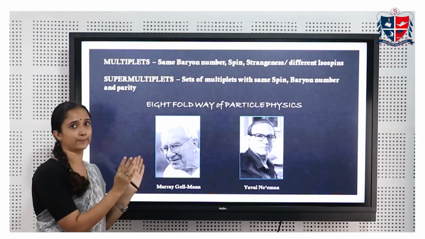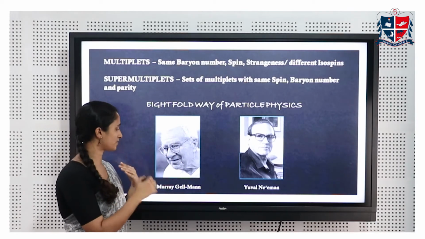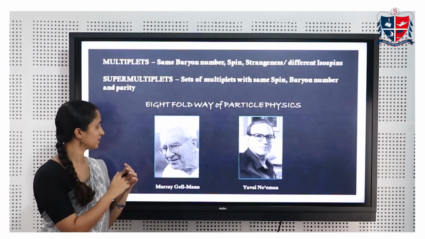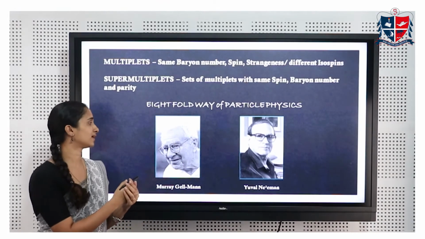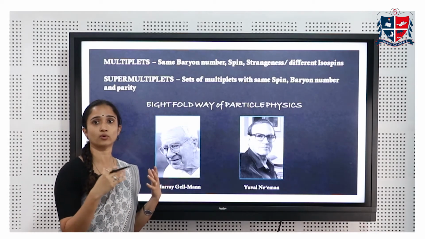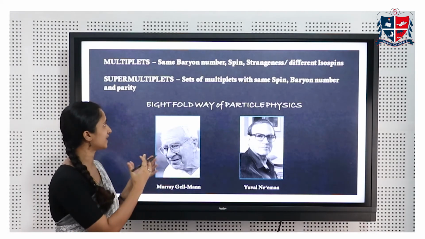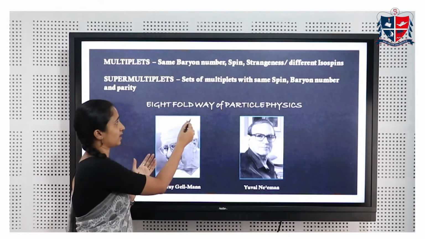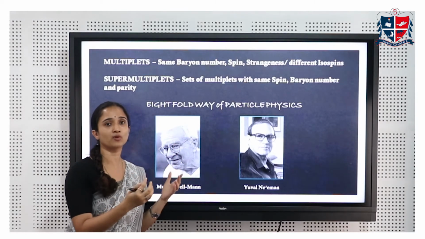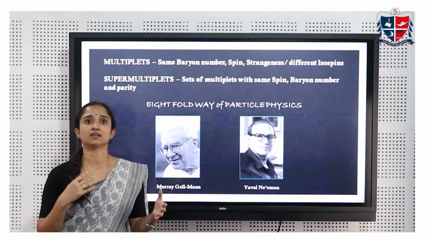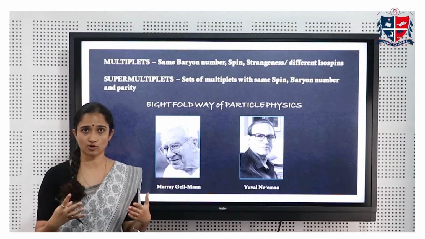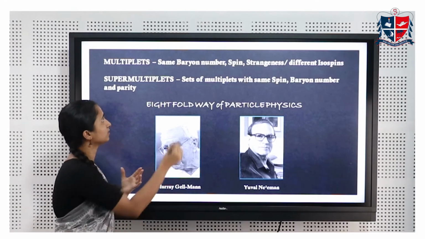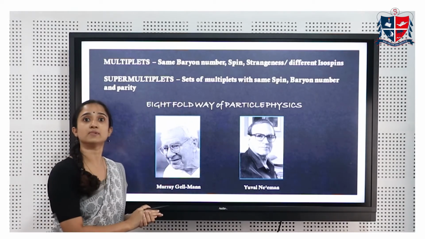This concept was actually proposed by Murray Gell-Mann and Yuval Ne'eman independently. Murray Gell-Mann is considered a person who was fascinated by Buddhism, and that's why he gave this organization of particles the name eightfold way. The eightfold way is basically the organization of hadrons into certain geometrical patterns based on these quantum numbers.